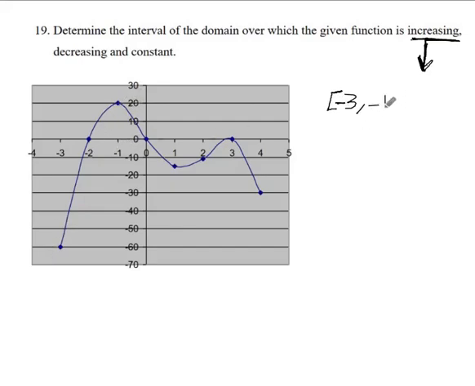This would be where the function is increasing, also increasing from 1 all the way to 3. So I'm going to put union 1 all the way to 3.